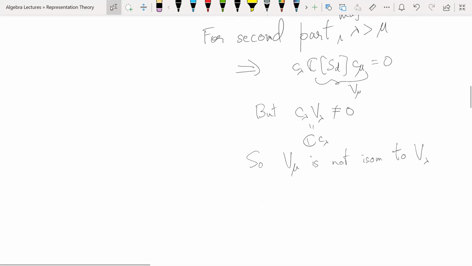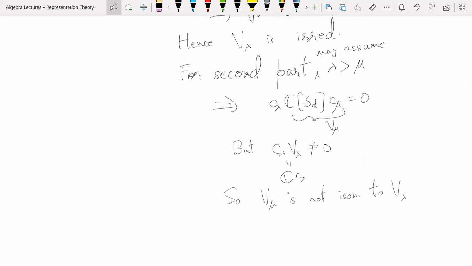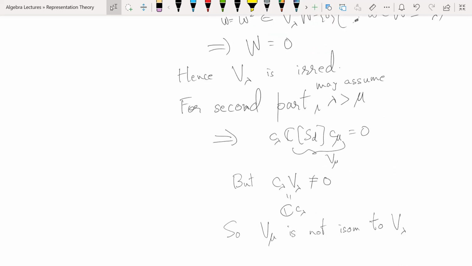So basically V lambda plus some guy W prime is going to be CST. Then for V lambda you will again get some elements here. So an idempotent for V lambda has to be some multiple of C lambda.